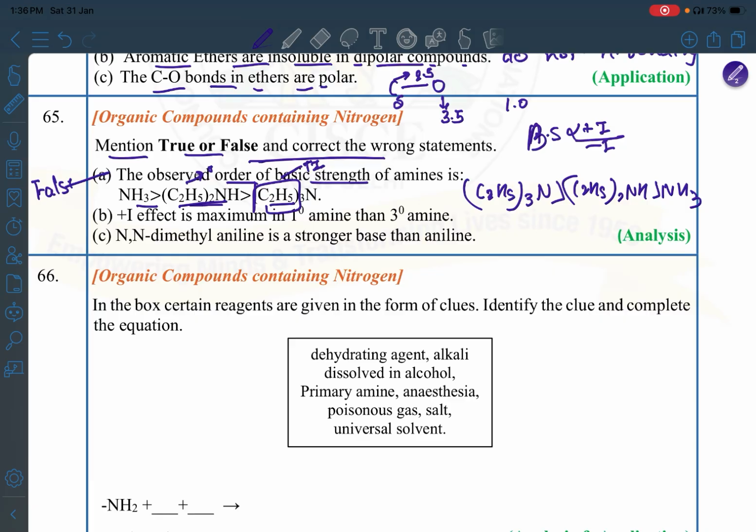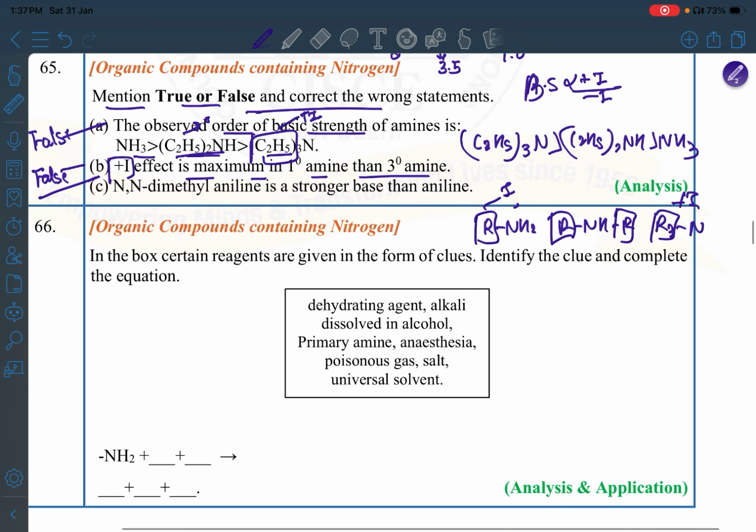So remember that point. The second statement is that the plus I effect is maximum in primary amine compared to tertiary amine. This is also a false statement, because if we draw the structures of primary amine RNH2, secondary amine R2NH, and tertiary amine R3N, the tertiary amine has 3 plus I groups, the secondary amine has 2 plus I groups, and the primary amine has only one plus I group. So this statement is incorrect.